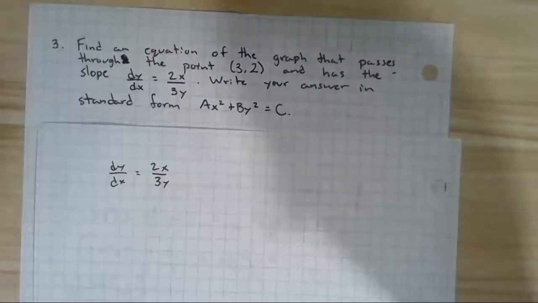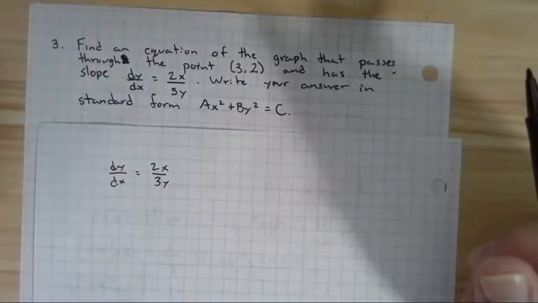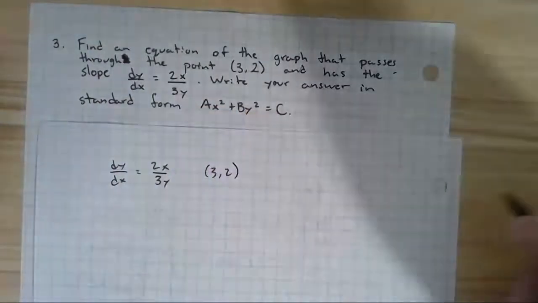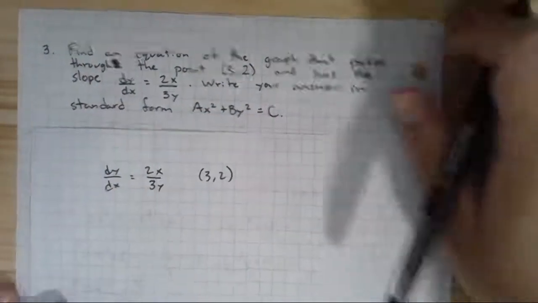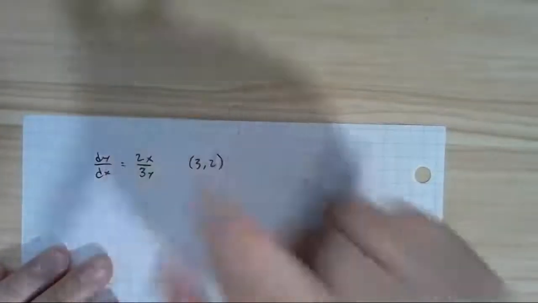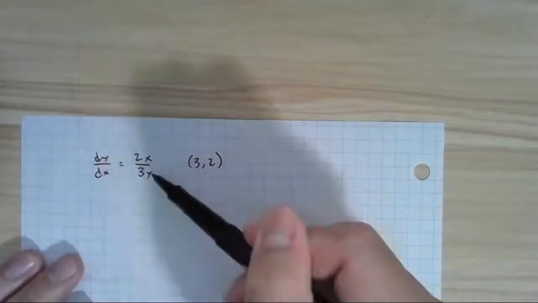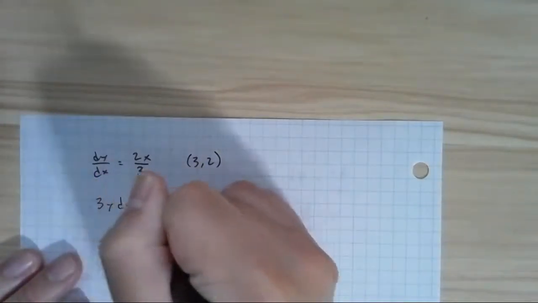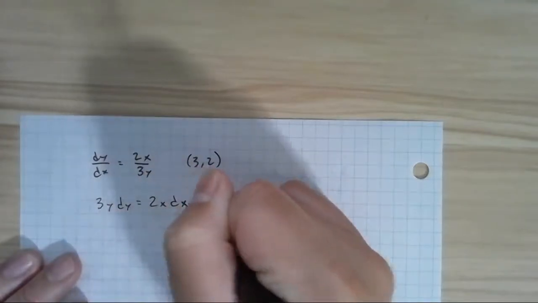Okay, we also have this point, 3, 2. I think the fastest step here would be to just cross multiply. When you cross multiply, dy with 3y, 2x with dx, you're going to get 3y dy is equal to 2x dx.